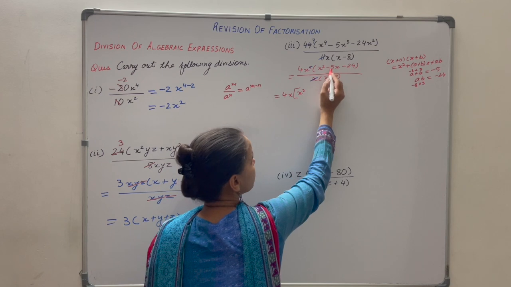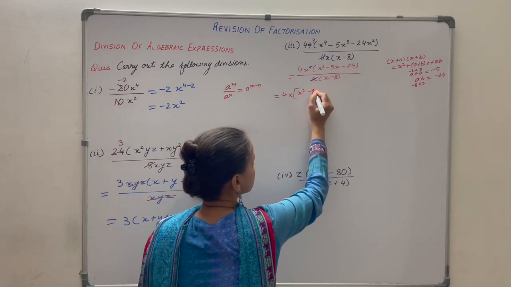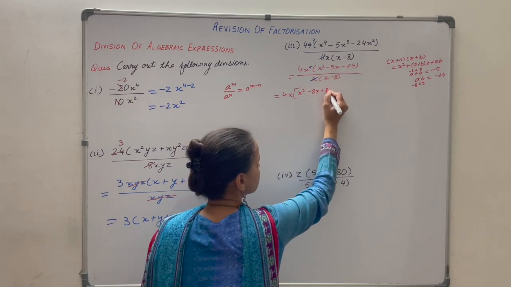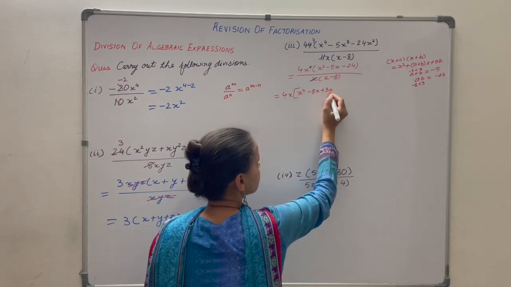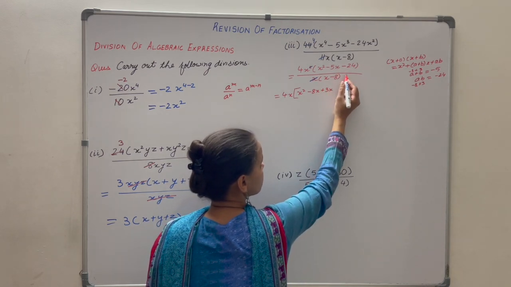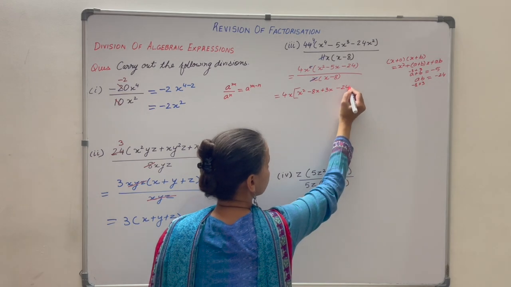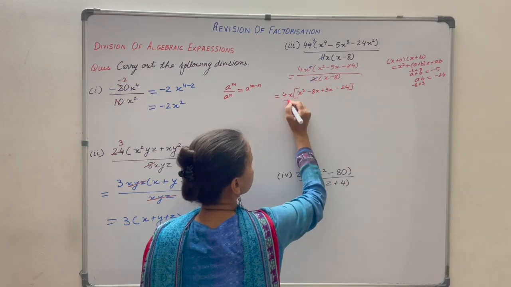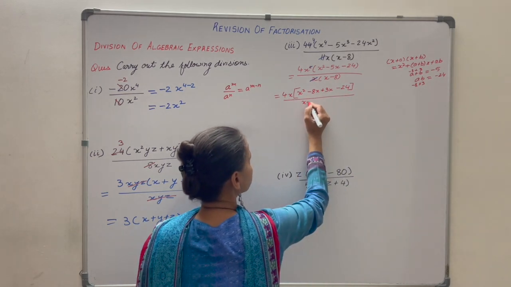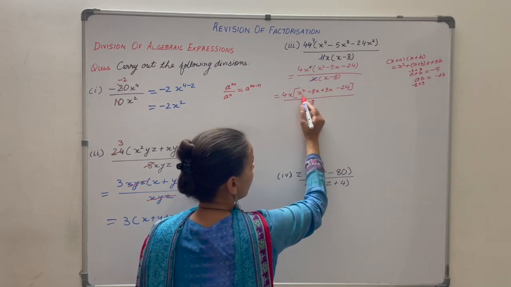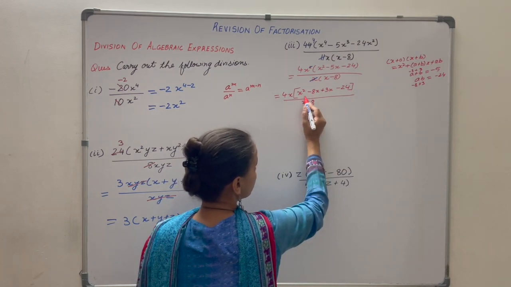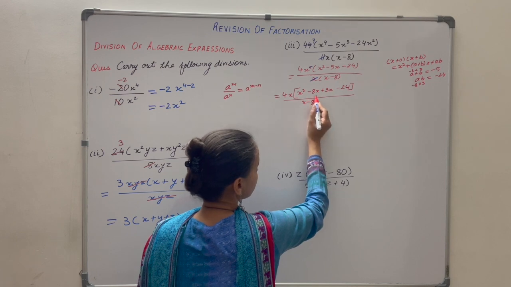I am splitting minus 5x as minus 8x plus 3x. So minus 8x plus 3x, you get minus 5x minus 24 divided by x minus 8. Now I am going to take from these two terms x common, so you will get here x minus 8.